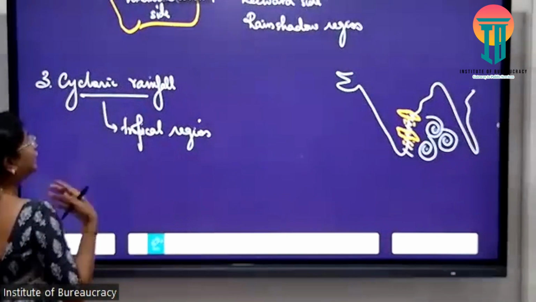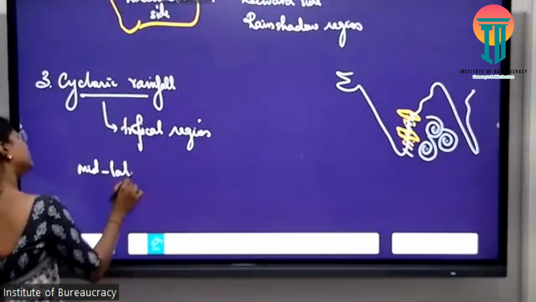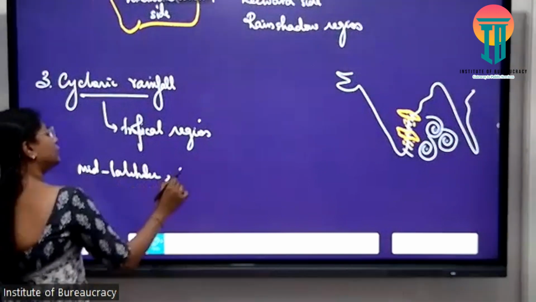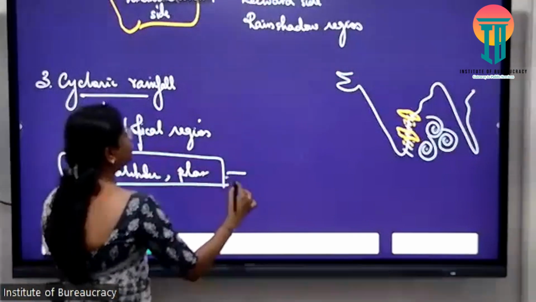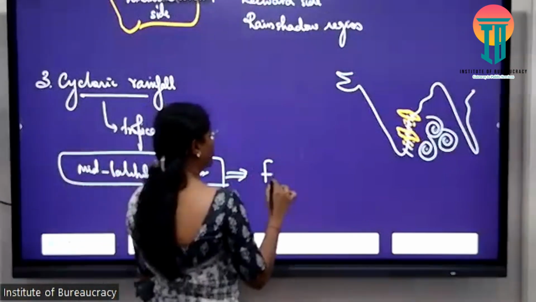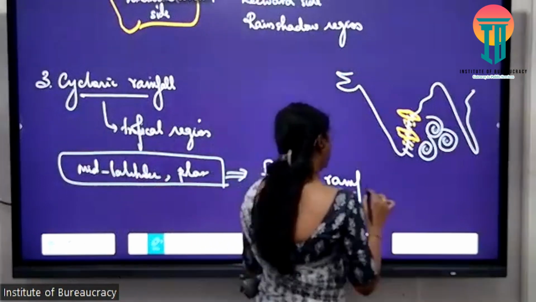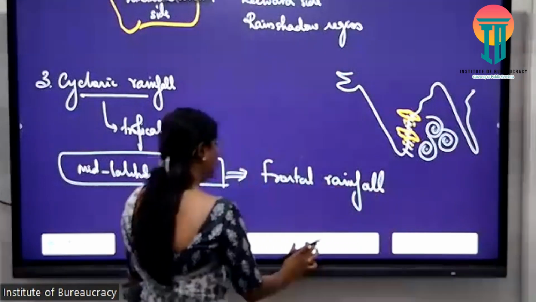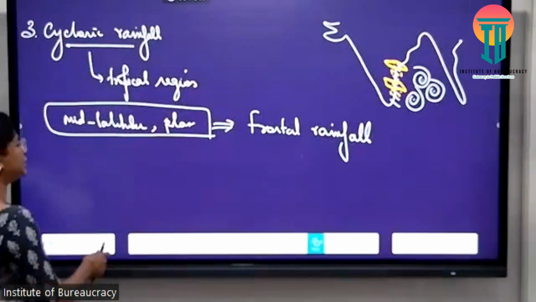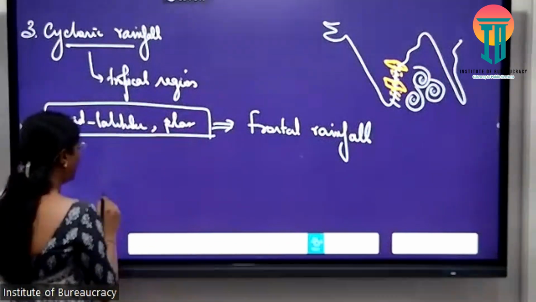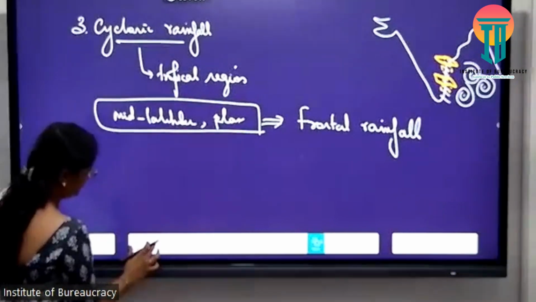Whereas in the mid-latitudes or polar regions, the precipitation due to cyclonic activity is known as frontal rainfall. Because the cyclones that form there are temperate cyclones, in temperate latitudes, which is nothing but the convergence of warm air and cold air.